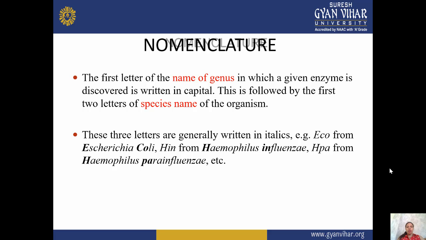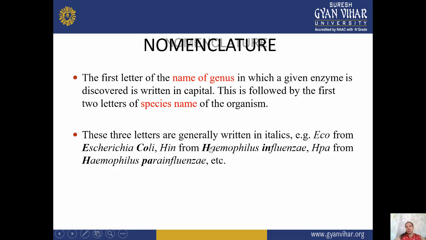Here you can see the example: Eco from Escherichia coli, Hin from Haemophilus influenzae, Hpa from Haemophilus parainfluenzae. E is from Escherichia, which is the genus, and co from the species coli, the first two letters of the species, so Eco.